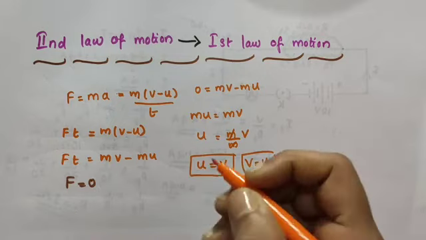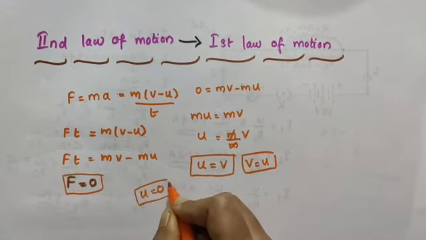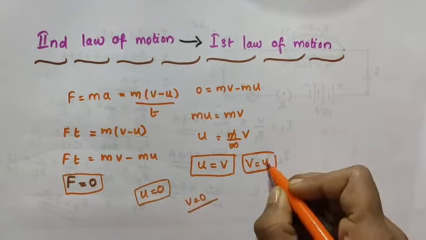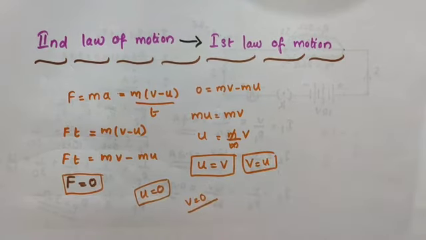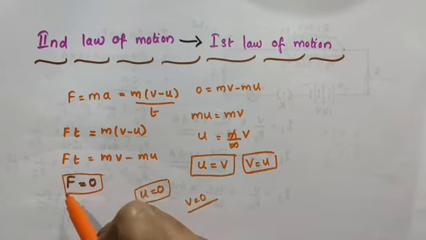Now if I take one more condition, that is u equal to 0. First we have taken F equal to 0. Now if I take u also equal to 0, then what about v? v also becomes 0. u equal to 0 means the object is at rest, and there is no external force acting on that object, which is why F equal to 0.